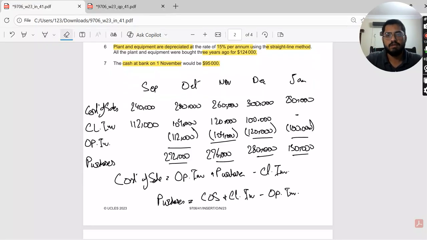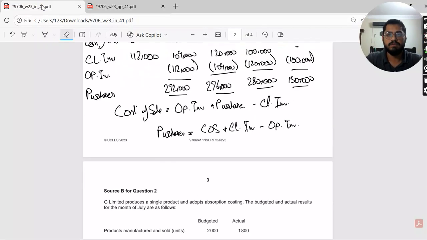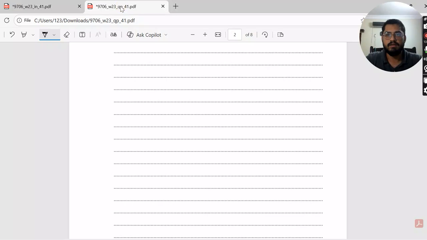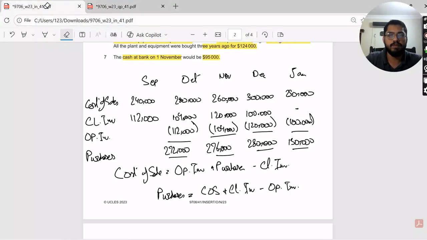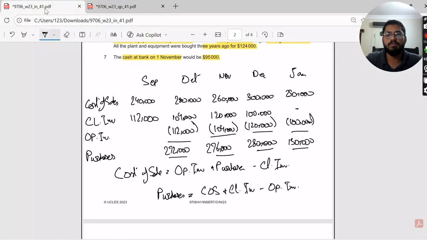Okay. Now regarding the payment over here, let's do calculation over here. So we have the month of November, December and January, and for the payment, in the month of November we'll be making payments for the purchases of October.